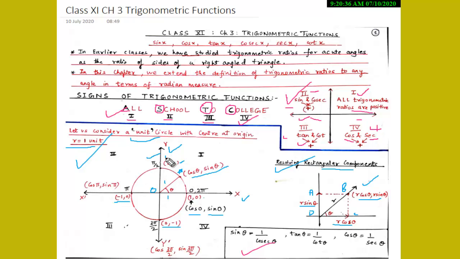So cos 90 is equal to 0 and sin 90 is equal to 1. Therefore, the coordinate on the y-axis is 0, 1. Now at 180 degrees, which in radian is pi, the components are cos pi, sin pi, and we know that cos 180 is -1 and sin 180 is 0. So here the coordinate is -1, 0, and so on.